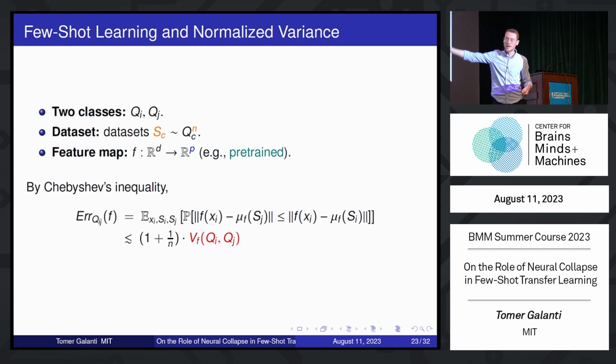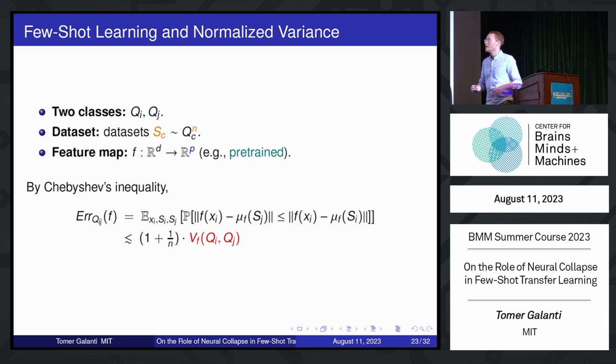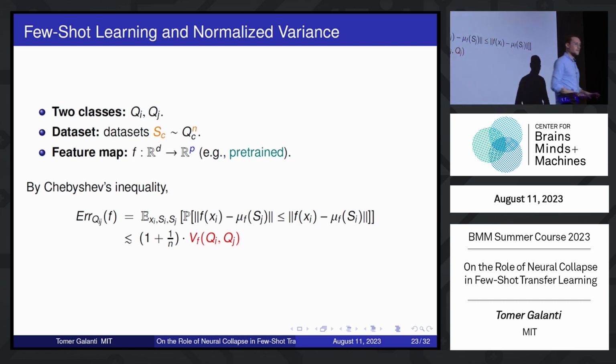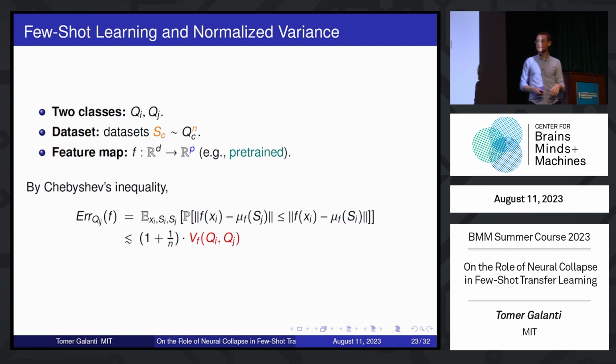This error Qij measures how good the classifier that only sees few samples from each class is going to be on average. And that is intuitive, that would be small if the two classes are clustered in space.